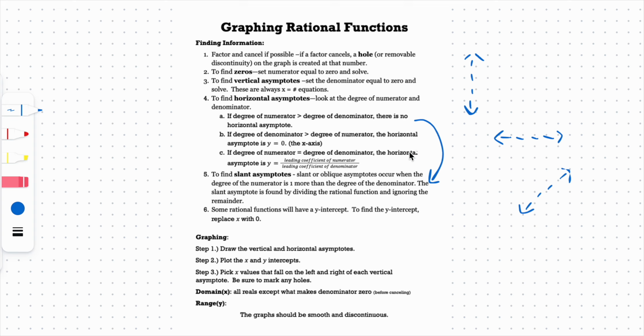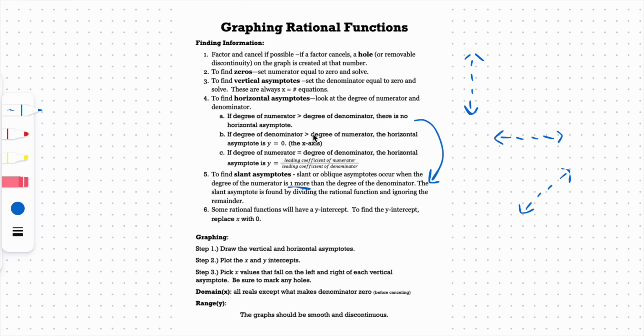Obviously, step 5 would be to find the slant asymptotes. This is pretty much only true in case A, and only when the degree of the numerator is 1 more than the degree of the denominator.